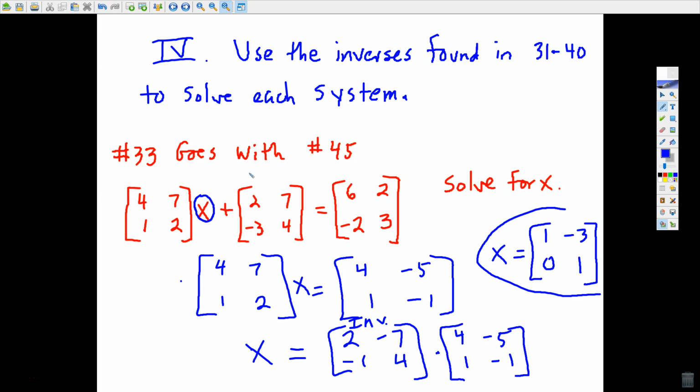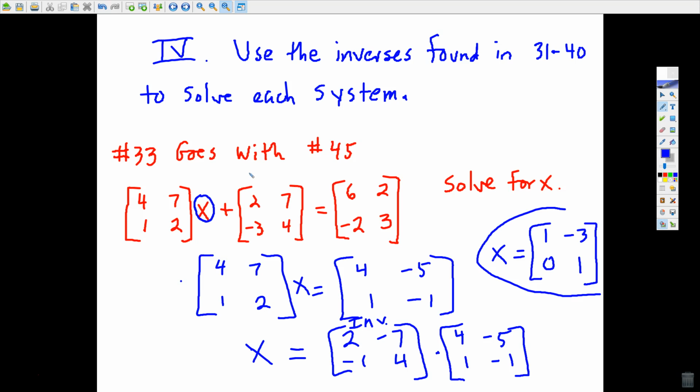Let's take a look at number 31 on the back side. Number 31, you see that the directions are to find the inverse. Well, you know how to do that. Okay.